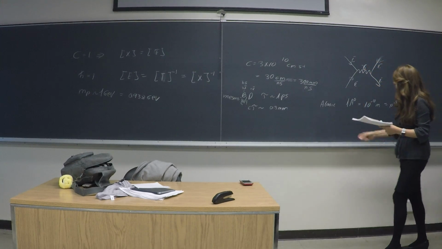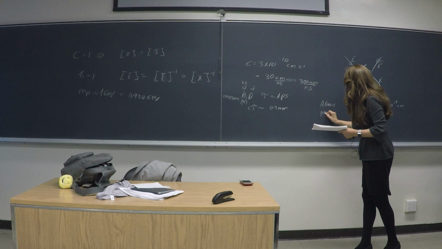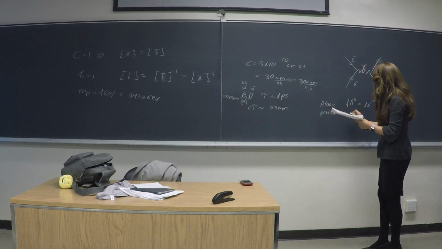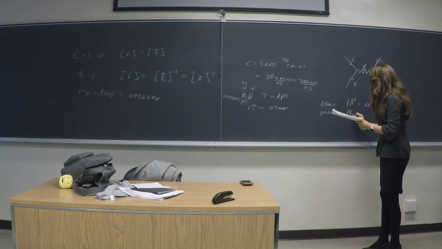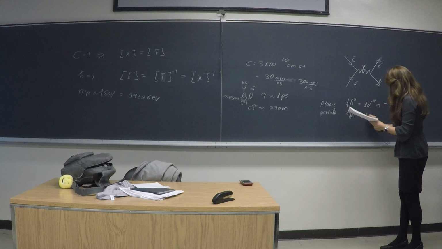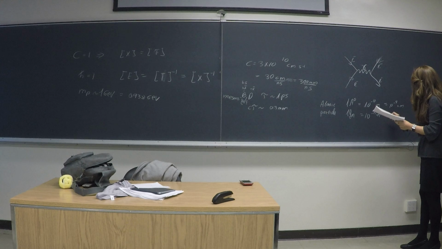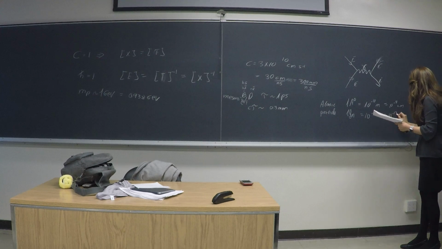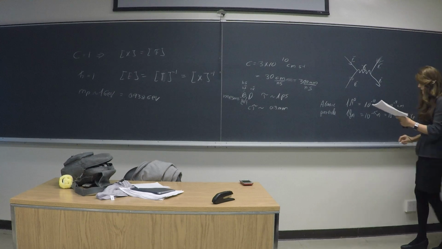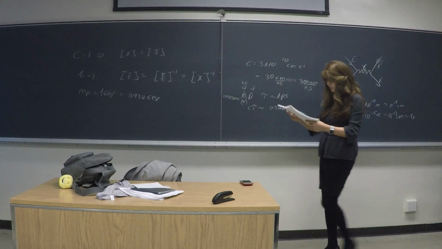So particle physicists will use 1 Fermi, for example, as a relevant scale. And 1 Fermi is 10 to the minus 15 meter, and that's approximately the radius of the proton.